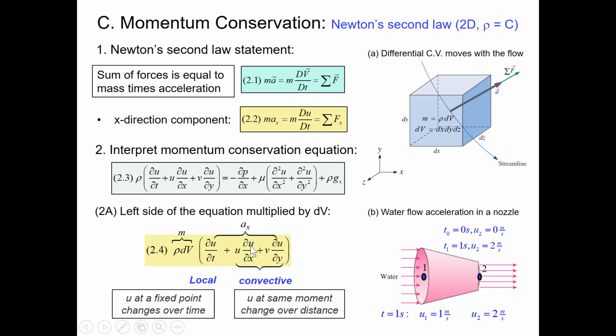This acceleration is called convective acceleration because at the same moment the velocity only changes over the distance. For example, we all know when water flows through a nozzle, the velocity is increased and the flow is accelerated, even though the velocity may not change over time.